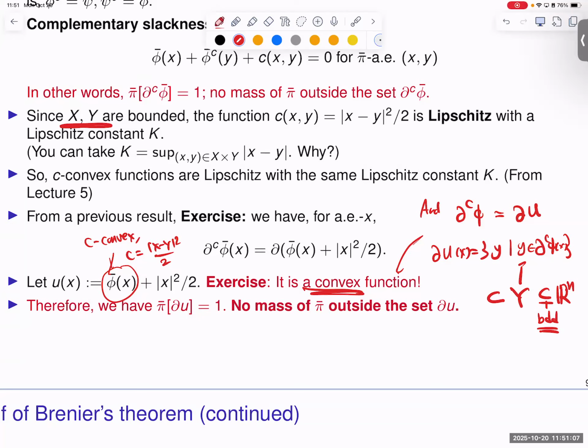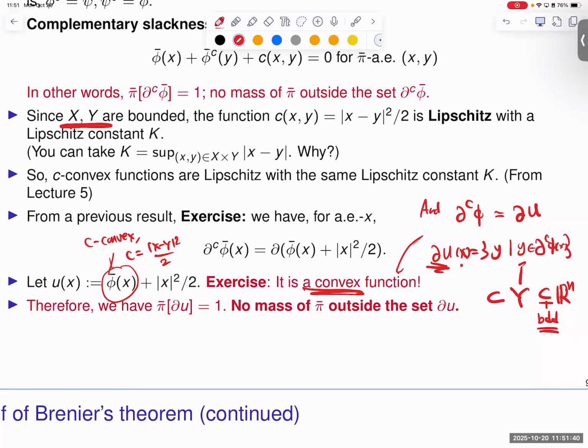So this subdifferential is bounded, and this boundedness is uniform because you have the same capital Y for every x. So the slopes are uniformly bounded. The function u at different points has different slopes of supporting hyperplanes, but these slopes are all uniformly bounded.